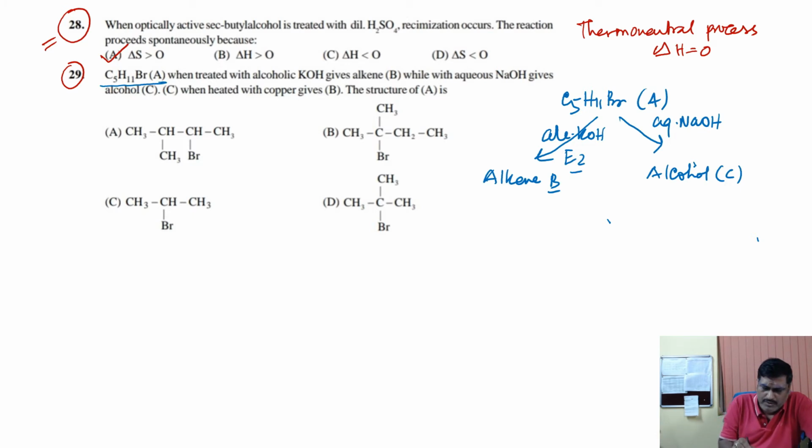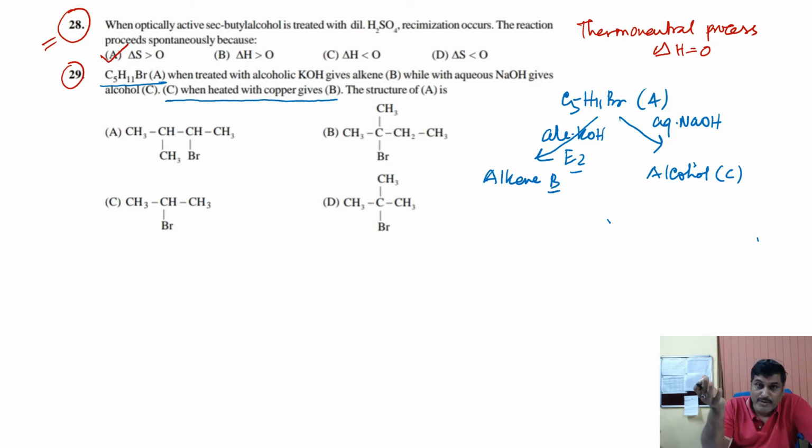Just see the question. This one is C. When heated with copper gives B. One thing be clear, C is alcohol, and if this is primary alcohol, that on heating gives aldehyde. Secondary alcohols give ketones. Tertiary alcohols, dehydration takes place, right? So when heated with copper gives B, what does it mean?